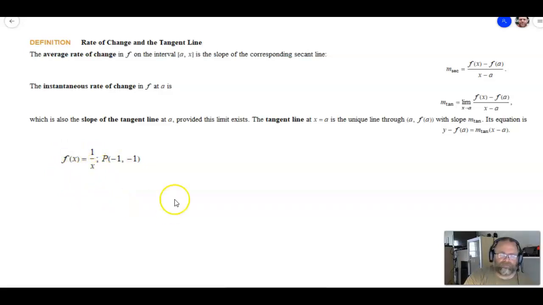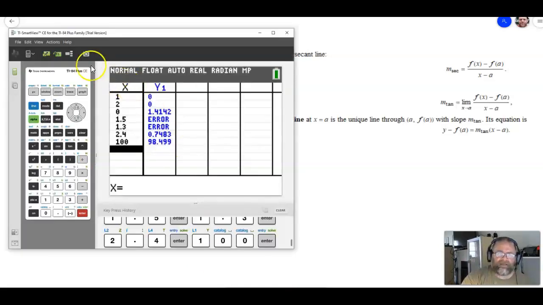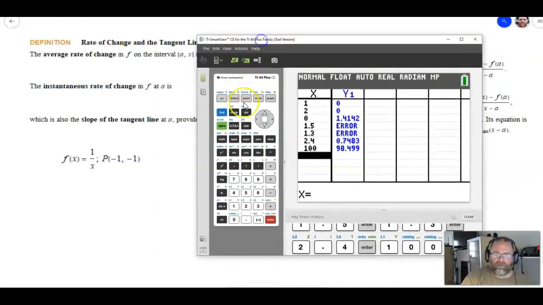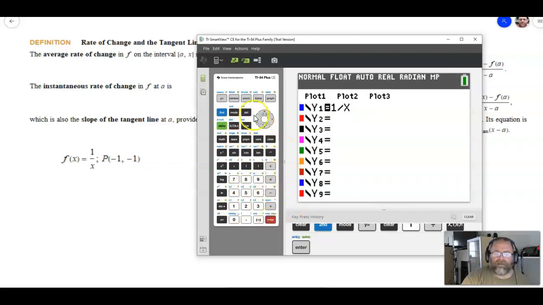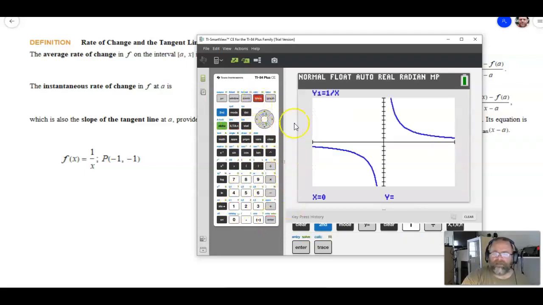So let's first pull up my calculator and see if we can at least get an idea of what that slope is going to look like. So if I go to my y equals, and we're going to put that function in here, 1 divided by x. And then let's go ahead and trace that. Here it is right there.